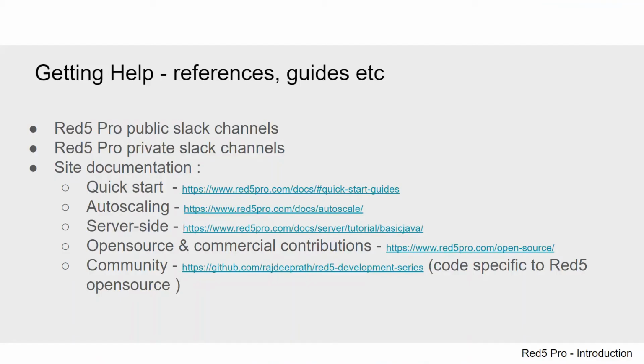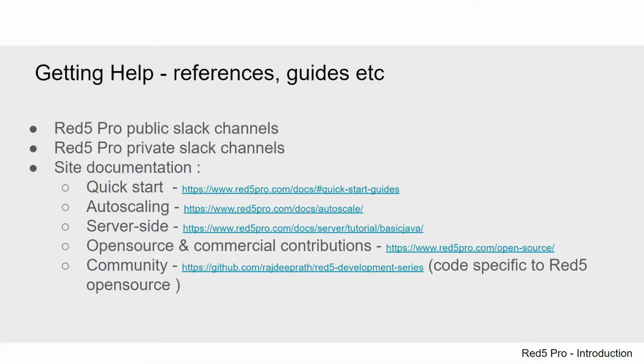Once you are signed into Slack, you'll gain access to the Red5 Pro workspace. Within the workspace, there'll be different channels, each channel covering a different topic or aspect of the Red5 Pro ecosystem. For example, you'll have topics ranging from server-side, client-side, generic to specific SDK related topics.